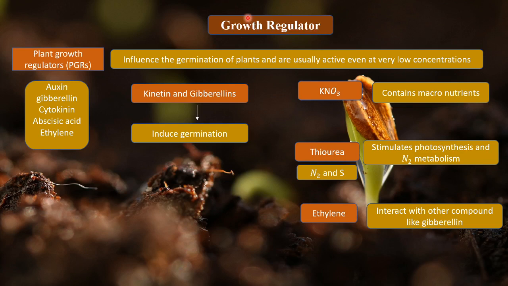So growth regulators can be used when dormancy is due to maybe growth inhibitors, right? So like this, dormancy of seeds can be broken. So these are the methods that you have to study for methods of breaking dormancy, right?